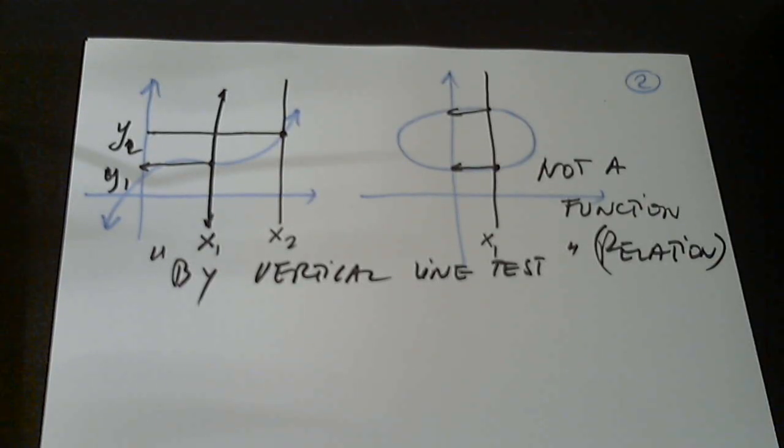If anyone can choose one and say, this is a function, and I'll say, yes, you're right, or I'll say, no, it's not. 58. 58 is a function or is not? It is. By the vertical line test, for this x value, I have this y value, and so on for each x value. Is 58 a function?